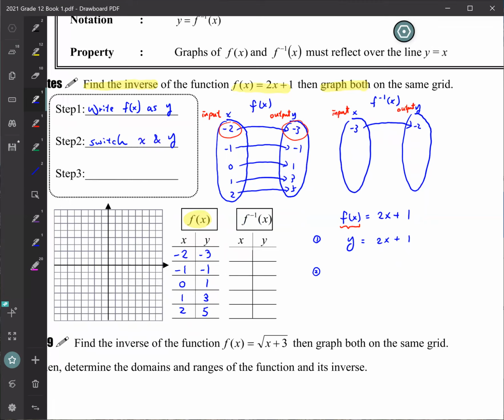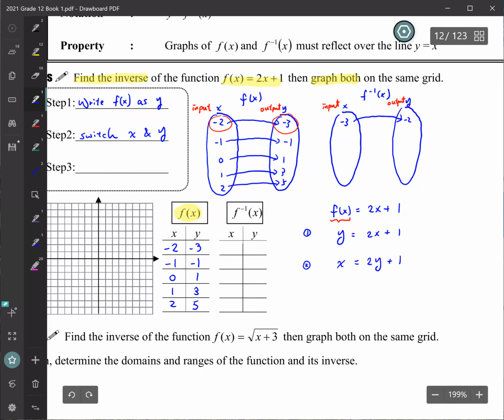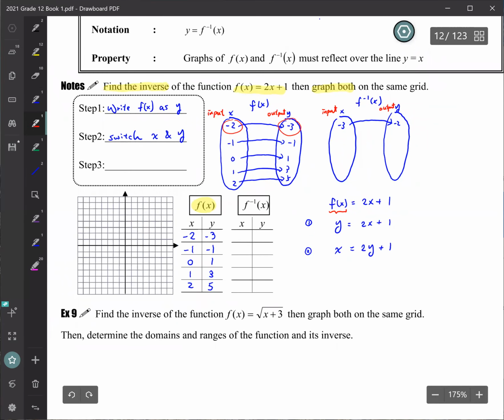Originally you have y on the left side, now it becomes x. Change the letter, and the right side will be 2y plus 1. The moment you do this step, this is already called the inverse, because you already flipped it.